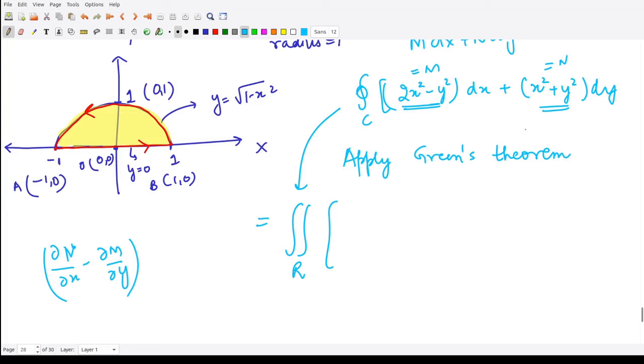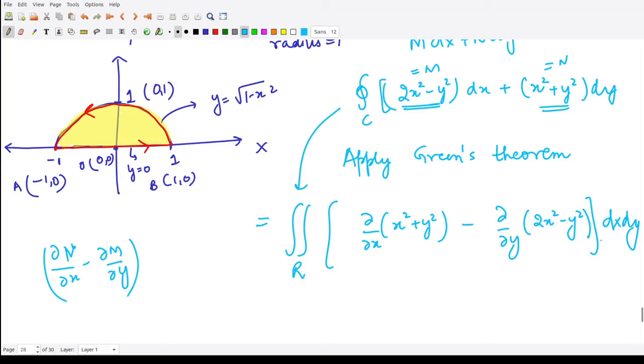So your N is this quantity x square plus y square, so that means del by del x of x square plus y square, and then you have minus del by del y of M. M is 2x square minus y square, so that is 2x square minus y square dx dy.